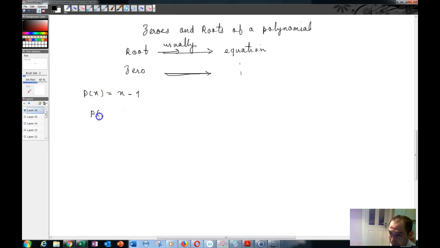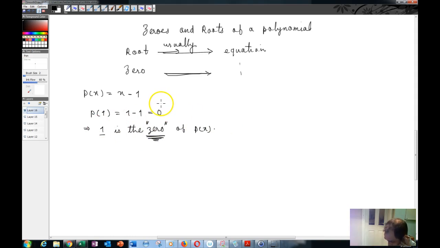If you calculate p(1) in this polynomial, it's going to be 1 - 1, which is equal to 0. So that means that when x is equal to 1, the output of the polynomial is 0. What that means is that 1 is the zero of p(x). That's how you use the word zero.